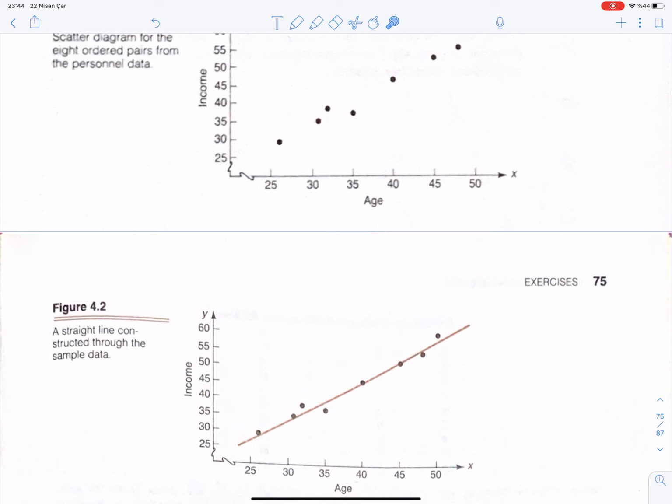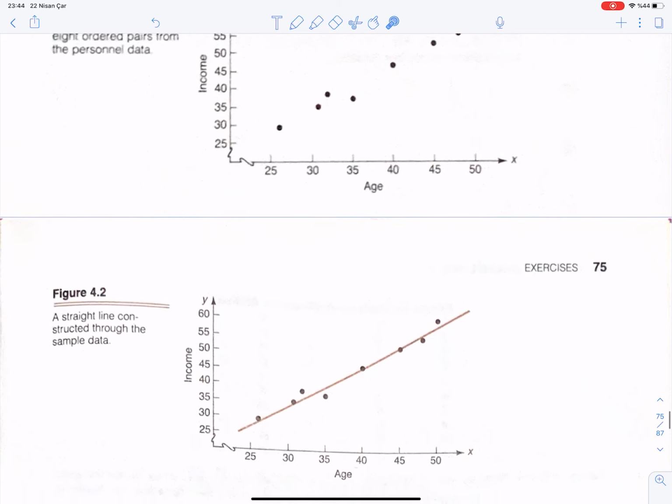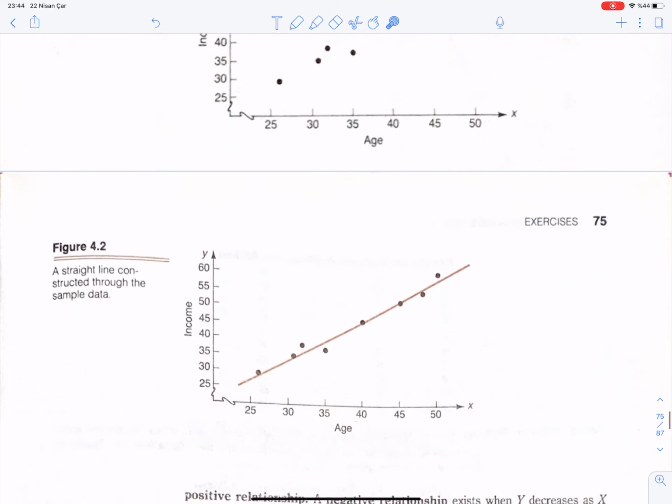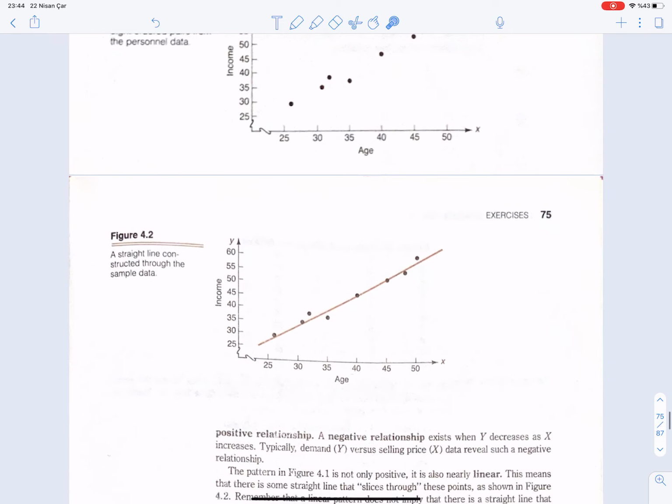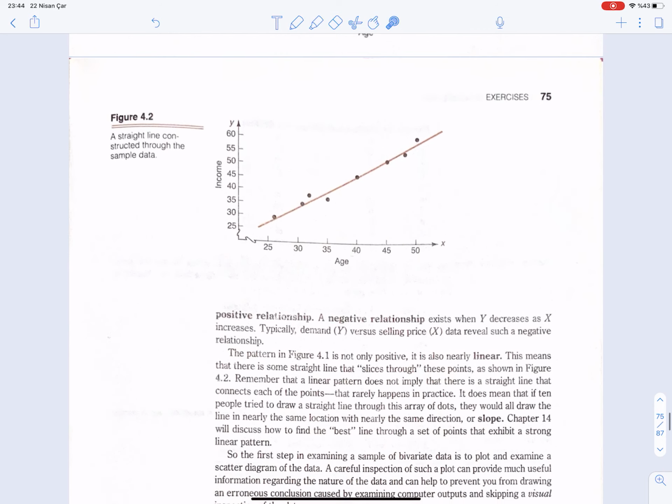So the correlation will be +1, exactly. For negative correlation, you should have a picture like this, and the straight line will be in the opposite direction, and all the dots will be on the straight line, and an increment in x will have a certain decrement in the dependent variable.